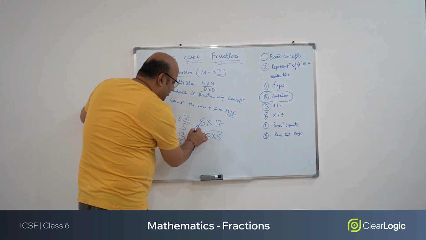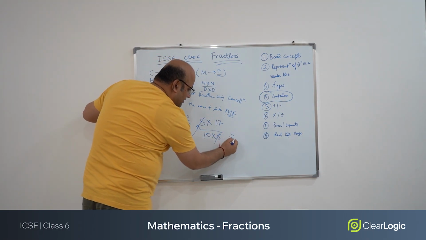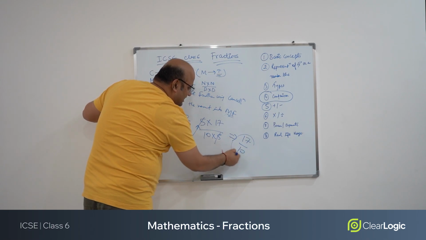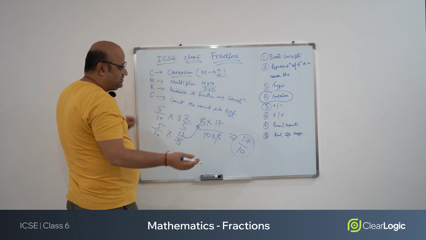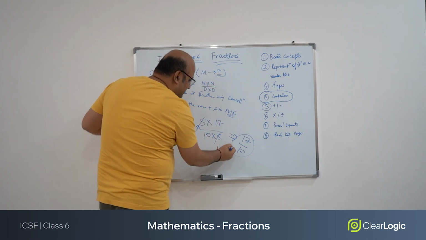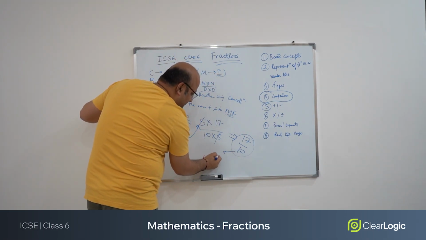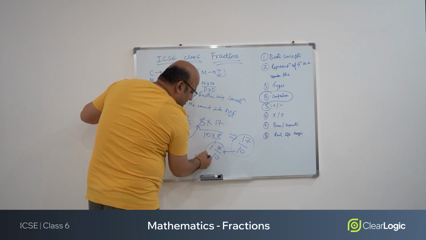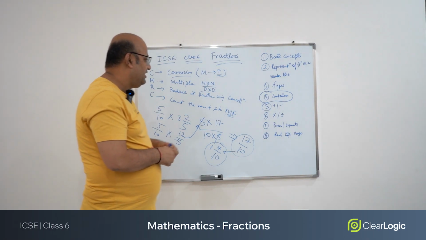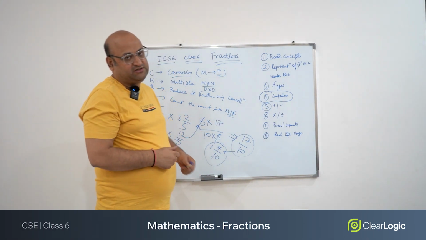Yes, we can do that. 5 will cancel each other, we'll have 17 by 10. So this is the answer. If in the question it's asked that you need to convert this into a mixed fraction, then 10 1s are 10, 7, 1 7 by 10 is the answer. So this is how we multiply two fractions.